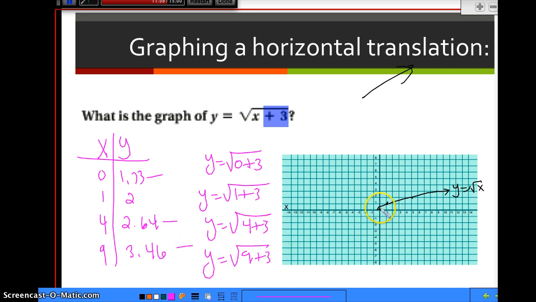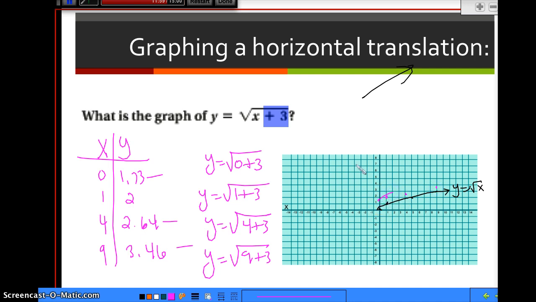So when you graph this, you get 0, 1.73, 1, 2, 4, 2.6, 9, 3.46.